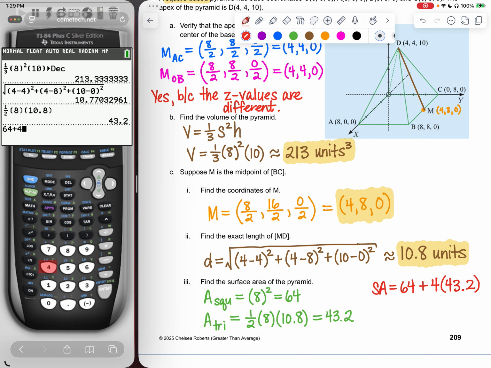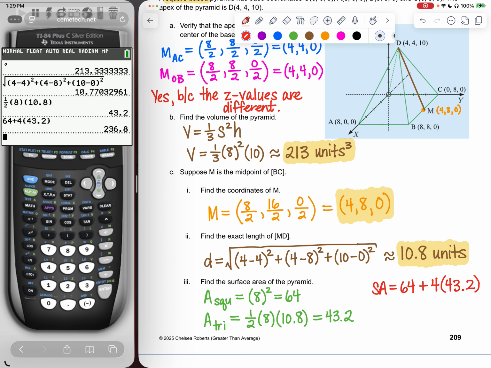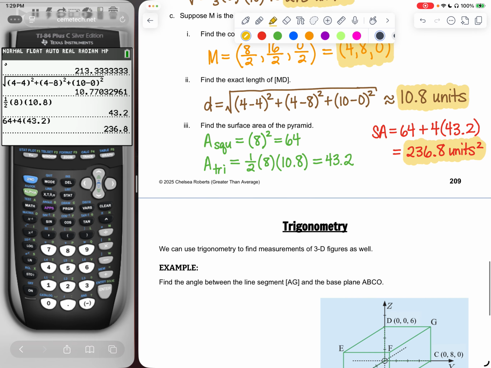So 64 plus 4 times 43.2, that is 236.8, and we know that that is units squared, because once again, that is area. All right, so that's how we find our surface area.